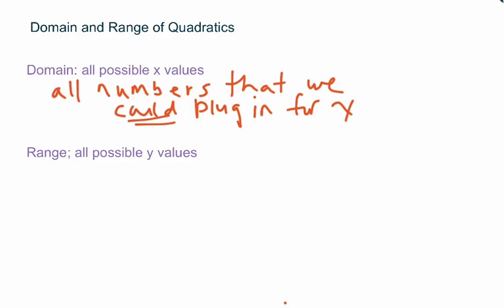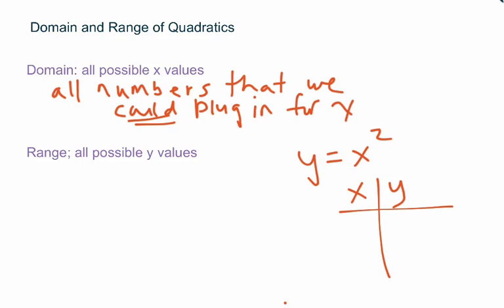So if you were looking at something like this, and I were to ask you to build a table out from it, what numbers could you plug in for x? Here's the deal. Usually, in most cases that we're going to deal with, the answer to that question is all real numbers.